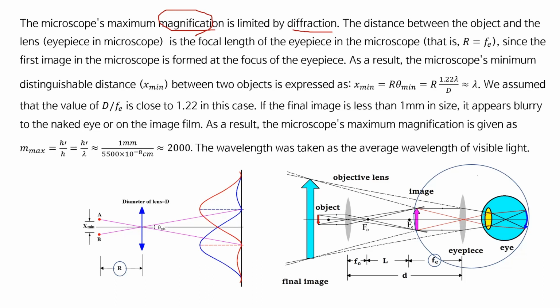The distance between the object and the lens in the microscope is the focal length of the eyepiece. Since the first image in the microscope is formed at the focus of the eyepiece, here we can compare these two figures.